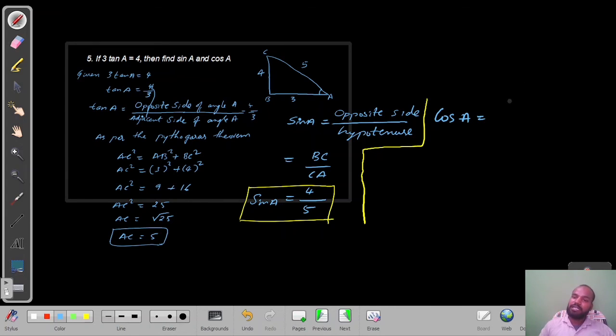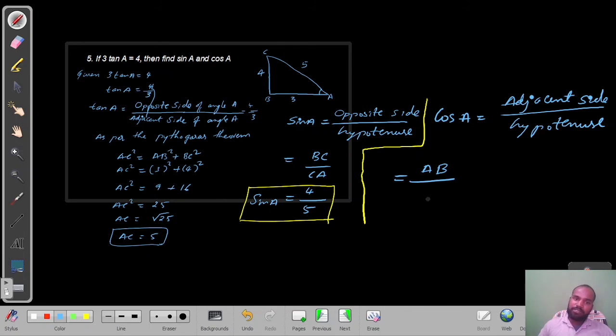Cos A is adjacent side by hypotenuse. Now, what is adjacent here? That is AB. What is hypotenuse there? That is CA. AB value is 3.